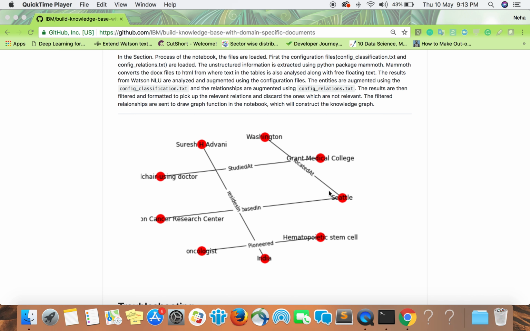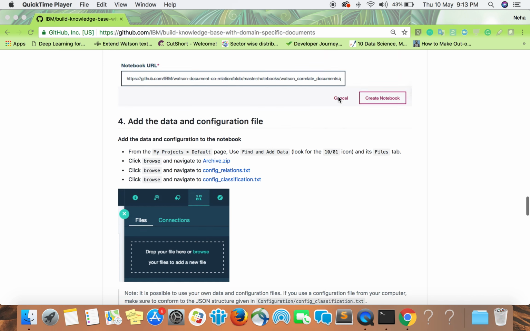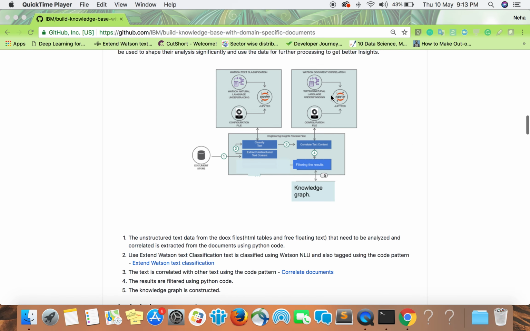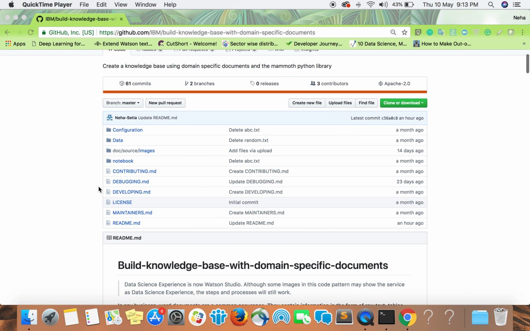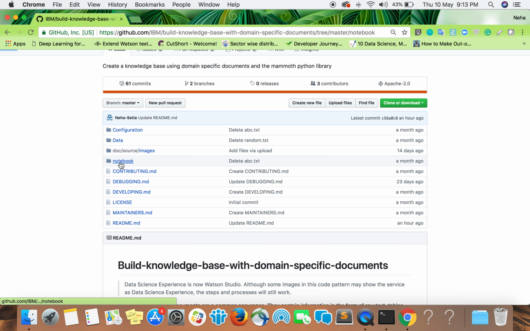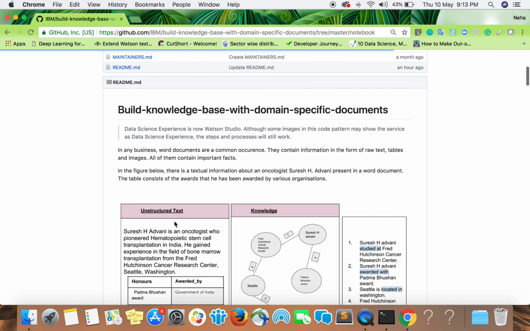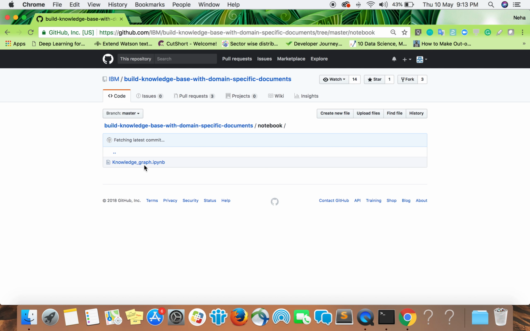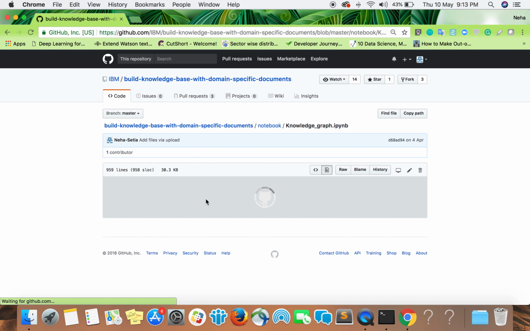After you run the notebook, you can access the notebook from the notebook section here, and you can also access the data from the data section of it. And you should run this notebook, and ultimately you should get a graph like what I have told you.